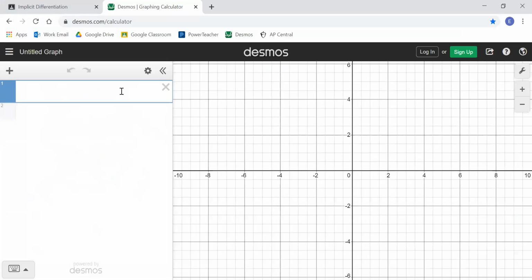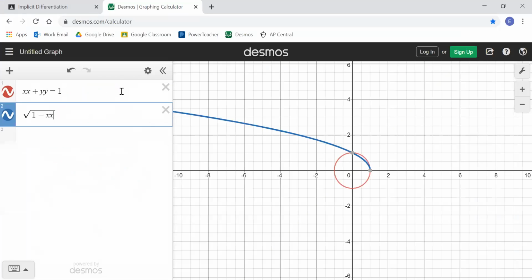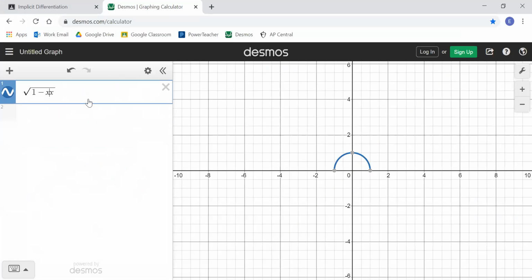We know x squared plus y squared equals 1, that's the circle. Well, square root of 1 minus x squared is just the upper half of it, and if you were to throw a negative in front of it, you get the bottom of it. So you should know that graph.